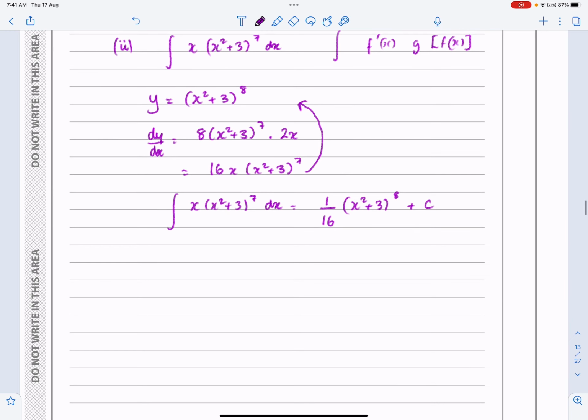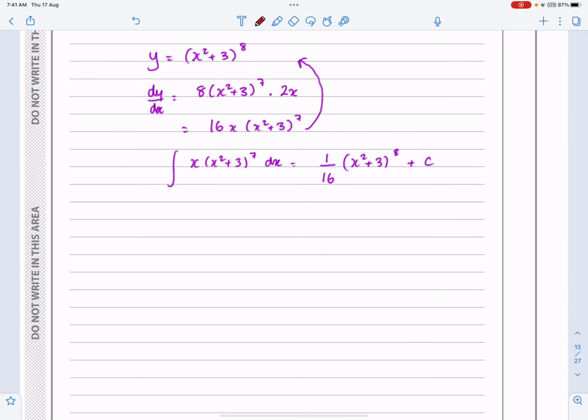You don't need to do this, but let's do it in red. If you wanted to check, you start off with a 16th of x squared plus 3 to the 8 and differentiate it.